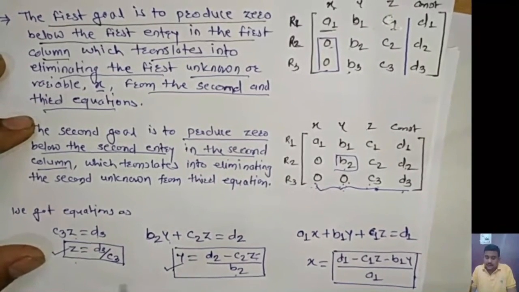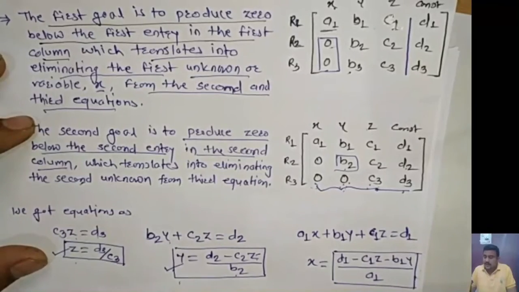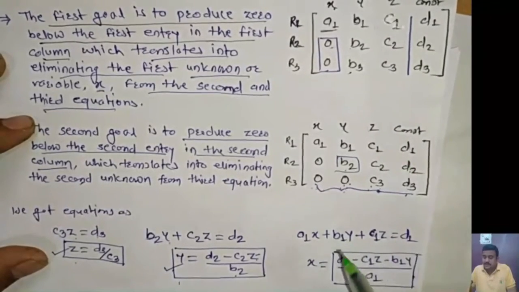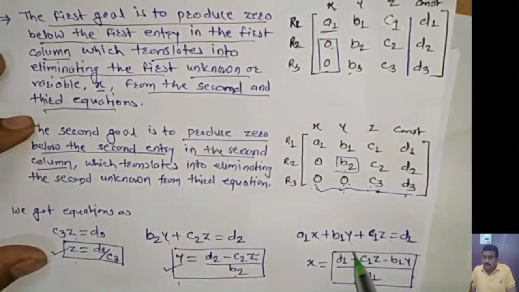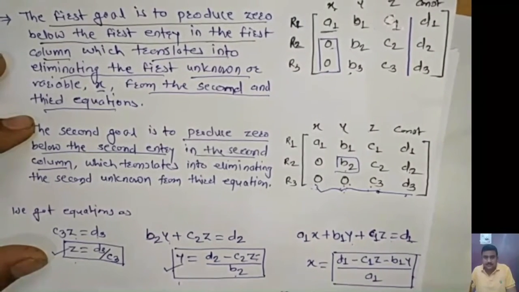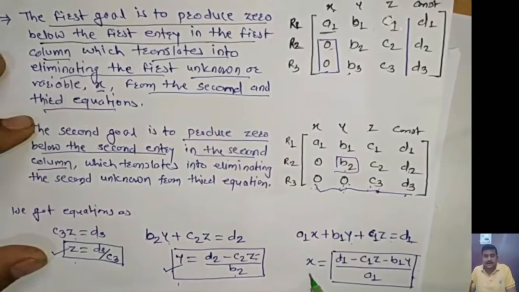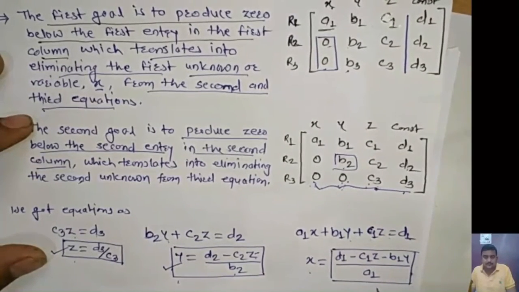Once we get the values of z and y, we put these values in equation 1, a1x plus b1y plus c1z equals d1, and with their help we get the value of x.